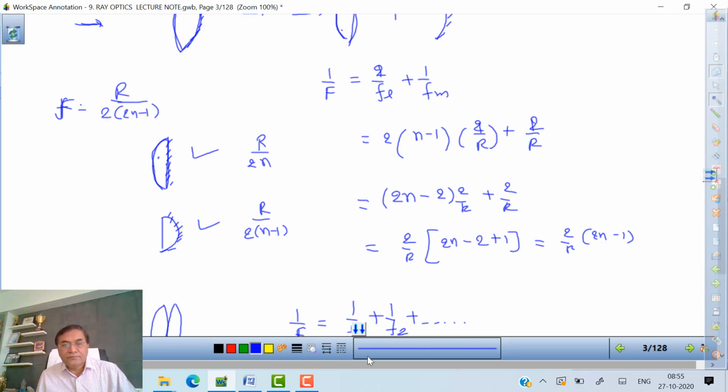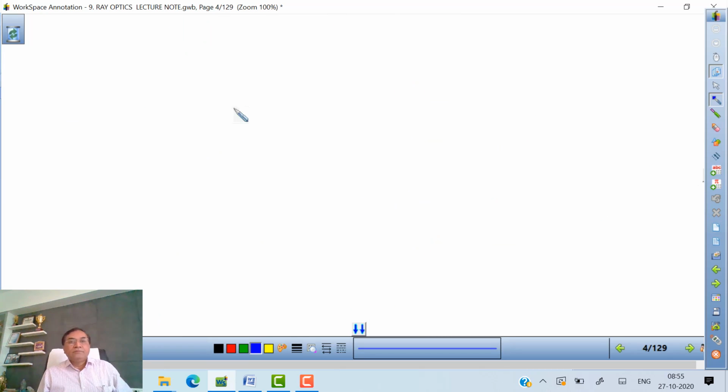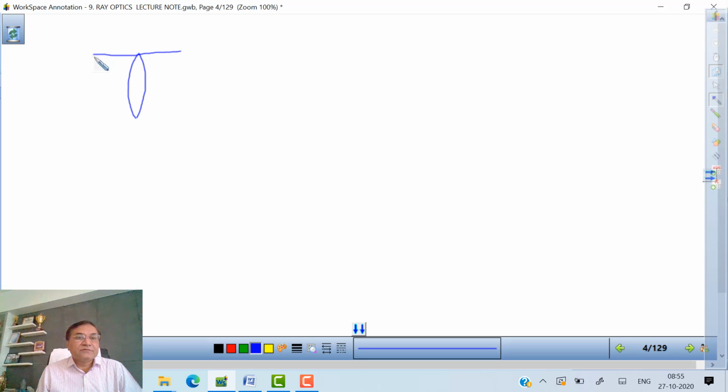Then I go for next. Suppose this is your lens. This is very important, huh? And this lens is placed in some medium. This is some medium. Then what is the focal length of this?